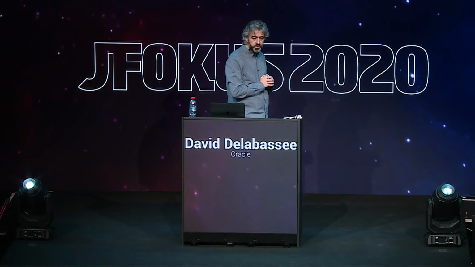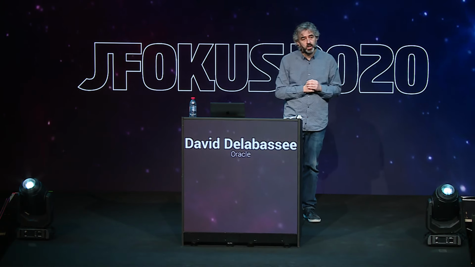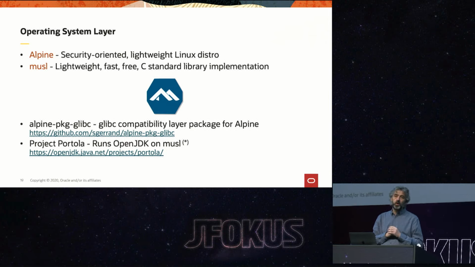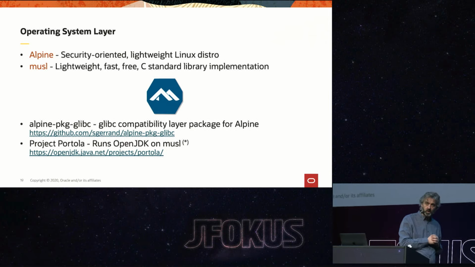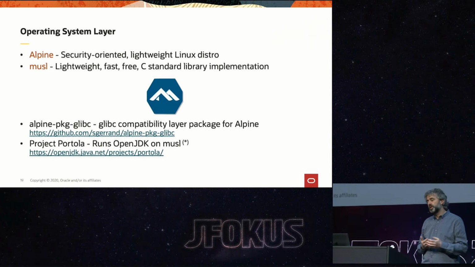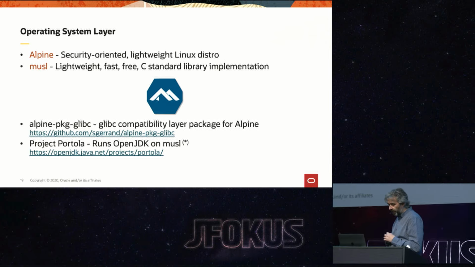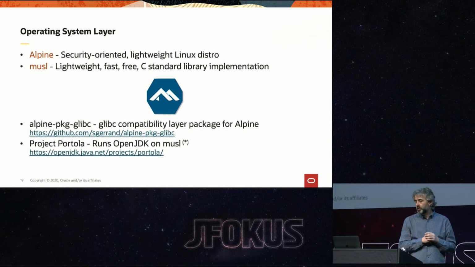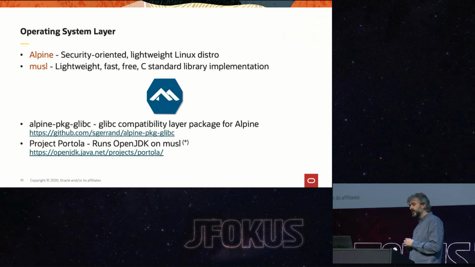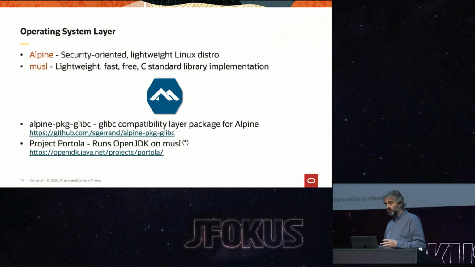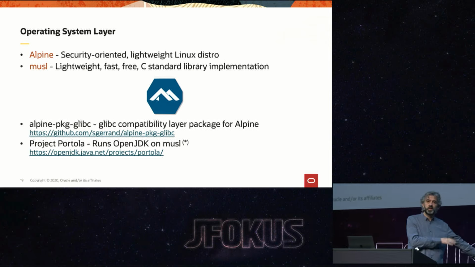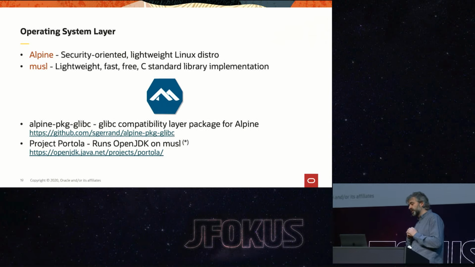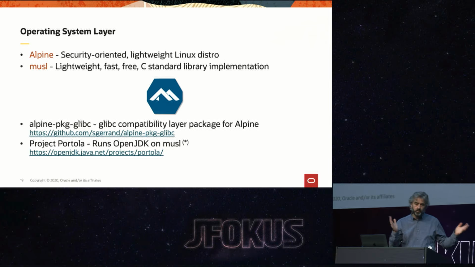Something else that we can use is Portola. Project Portola is a project within the OpenJDK community whose goal is to build OpenJDK on top of musl, so that you can run OpenJDK directly on top of musl. Technically, it works nicely. The thing is that we don't run all the tests that we do with a typical OpenJDK distribution. So you can use it in production at your own risk, but ideally don't do that.